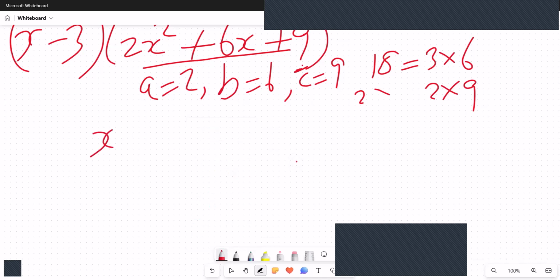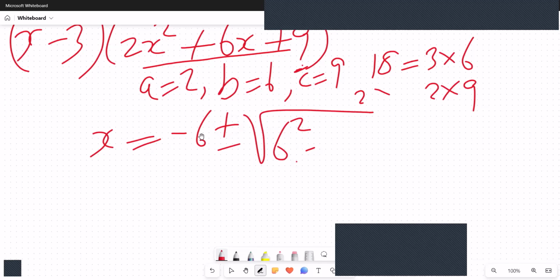So x is equal to minus 6 plus or minus the square root of 6 squared minus 4ac, where a is 2 and c is positive 9.